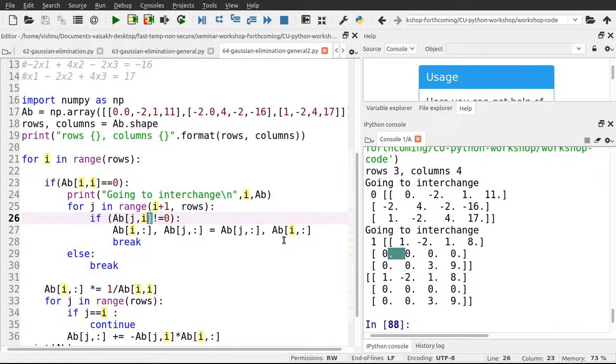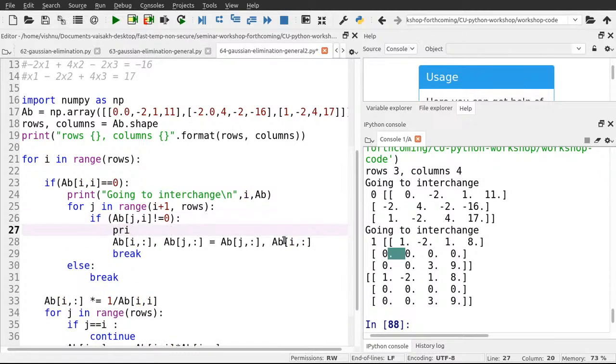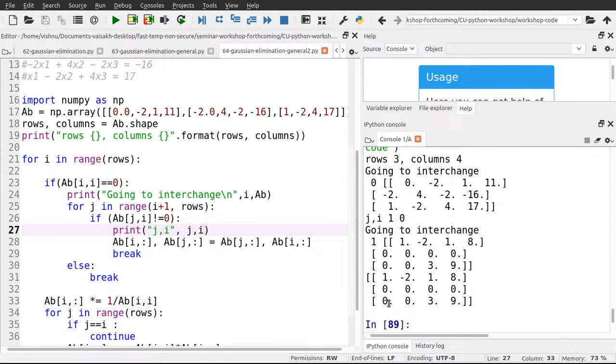Let's see what this ABJI is and what this I and this J are. Let's see everything. Let us give I and J, or J and I. It's 1 0. If AB10 is not equal to 0, what is AB10? AB10 is this. So that's not happening.